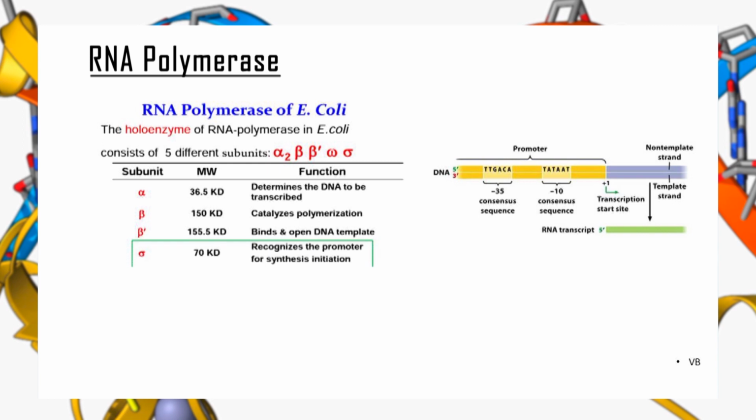If we see the RNA polymerase of E. coli, you can see here the 5 different subunits: alpha, beta, beta dash, theta and omega. In this pictorial representation, you can see the process very clearly.